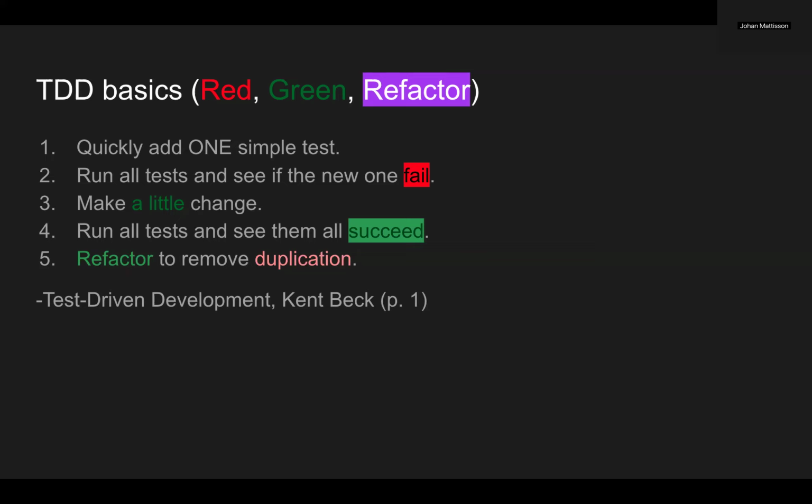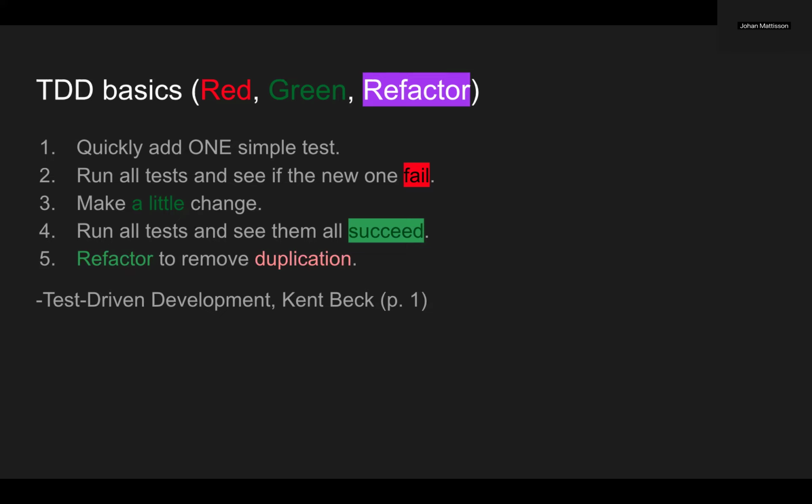So we want to see it fail, and then we want to make the little change that flips it so it becomes green. This is how you grow your function. You write the test first and you don't even have a class, so it should really fail. And then you build the method part by part, in small increments, basically.